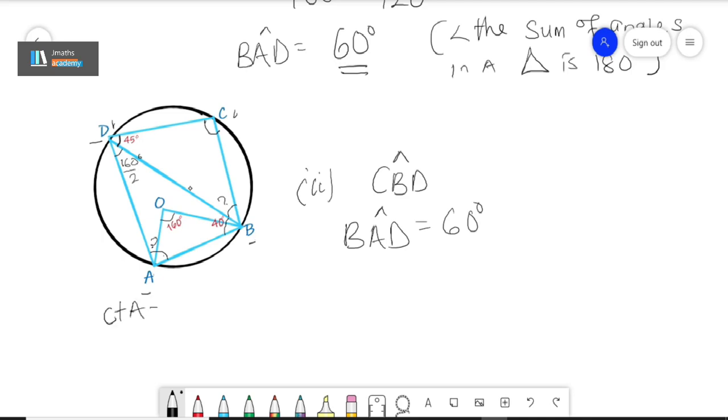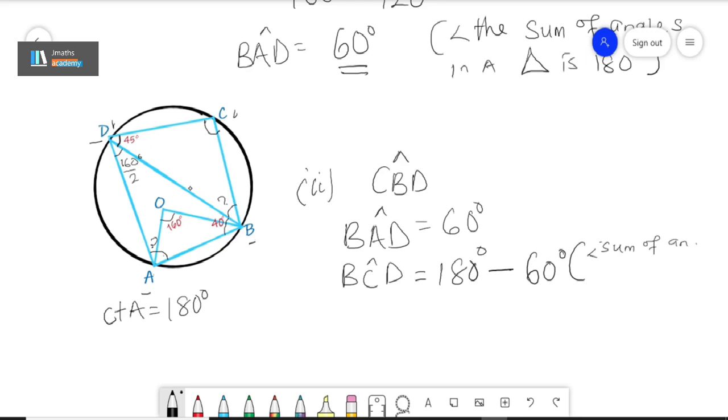Since angle BAD is equal to 60 degrees, angle BCD will be 180 minus 60 degrees. The sum of angles in a cyclic quadrilateral is 180 degrees. So angle BCD is equal to 120 degrees.